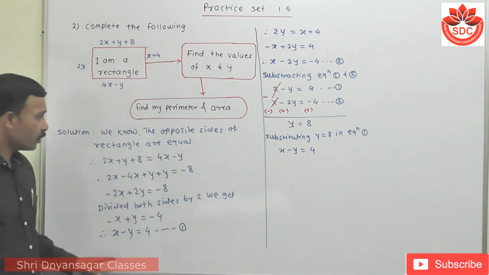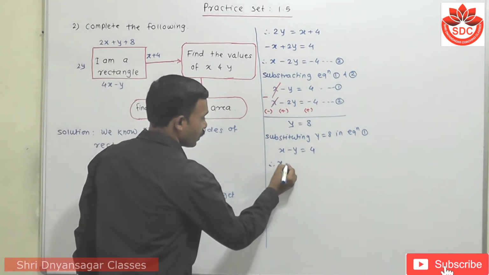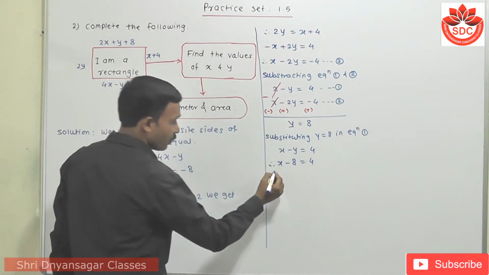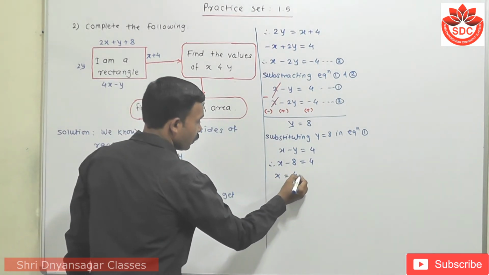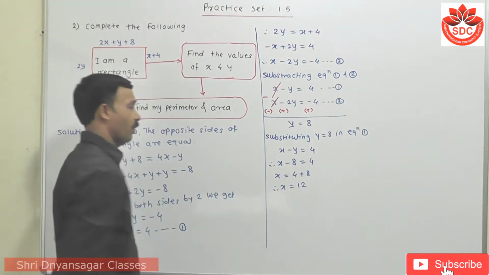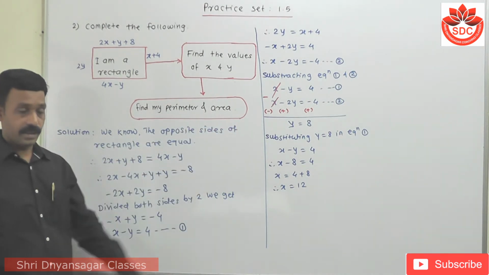Then we substitute the value of y is 8 here. So x minus 8 is equal to 4. This 8 is transposed to the other side. x is equal to 4 plus 8. Means that x is equal to how much? 12.